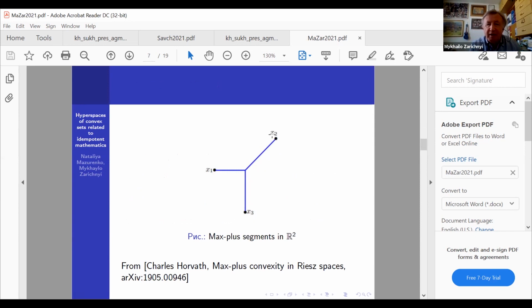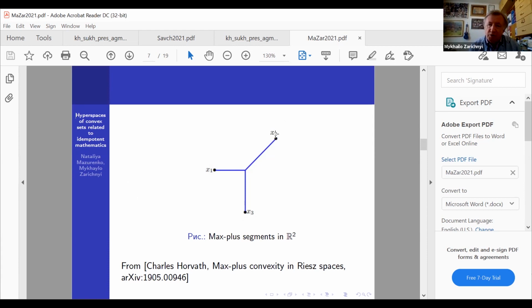So typical segments connecting 2 points in plane with respect to this notion of convexity are the following. If we try to connect x1 and x2 by a minimal segment, we obtain something like that. This is the diagonal.